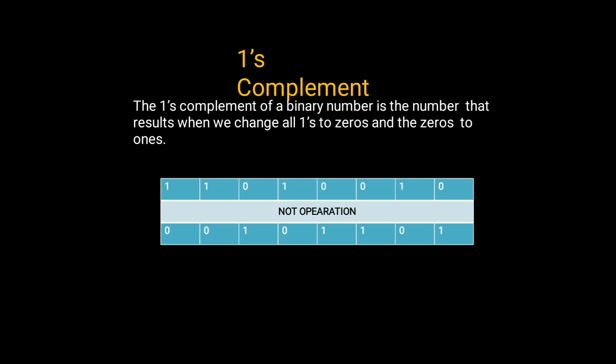See here, 11010010. The ones complement of this number is 00101101. Only we have interchanged ones to 0 and zeros to ones. This is the ones complement.